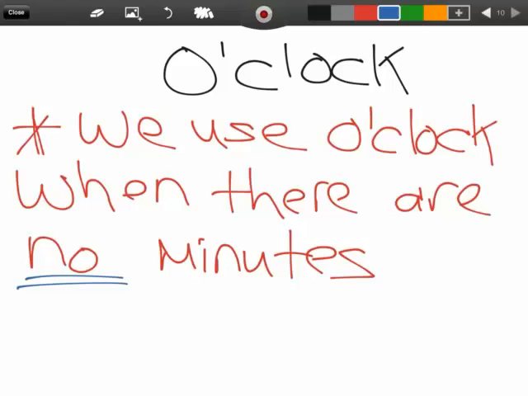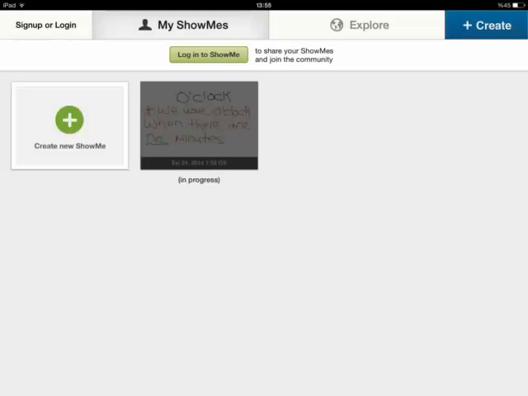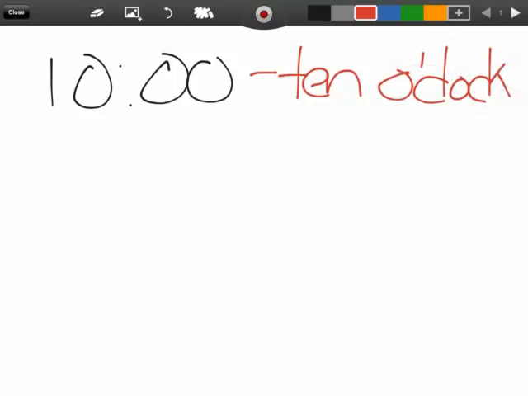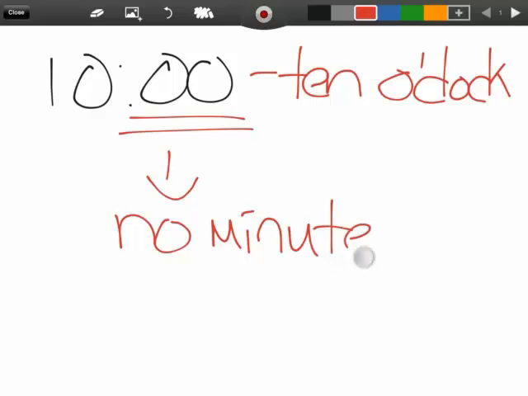Let's do some examples. My first example is going to be 10. I could say 10 o'clock. Again, as you can see, there are no minutes. And that is very important, you guys. We can only use o'clock when there are no minutes.